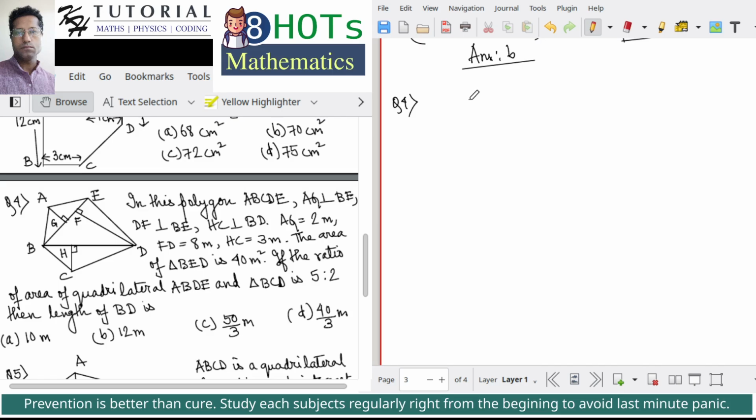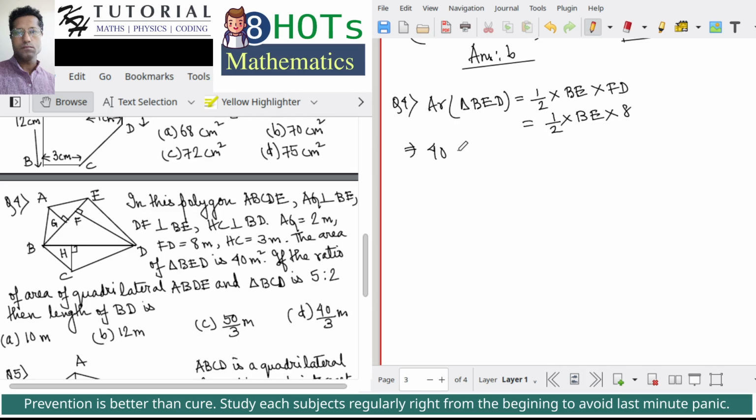The area of triangle BED is given. So the area of triangle BED will be equal to half multiplied by the base BE multiplied by FD. We do not know BE, but FD is 8 meter. The area of triangle BED is given to be 40.